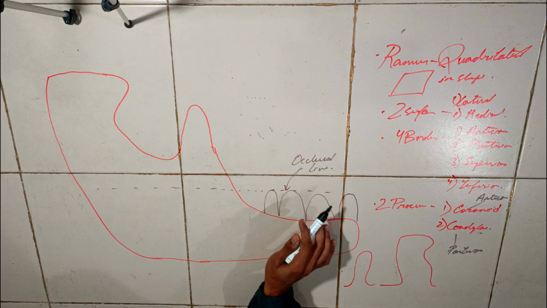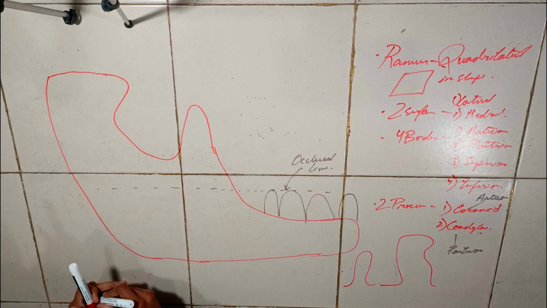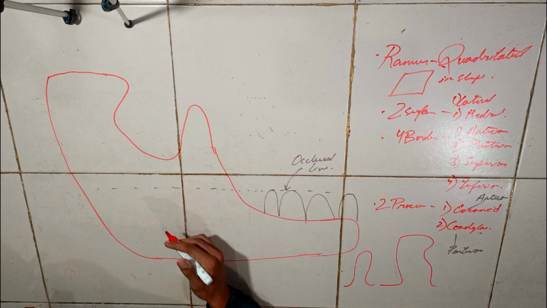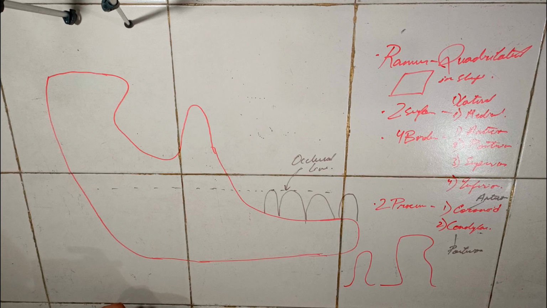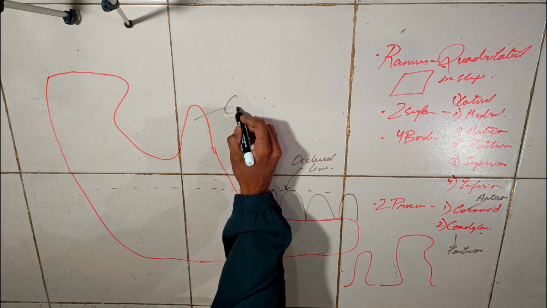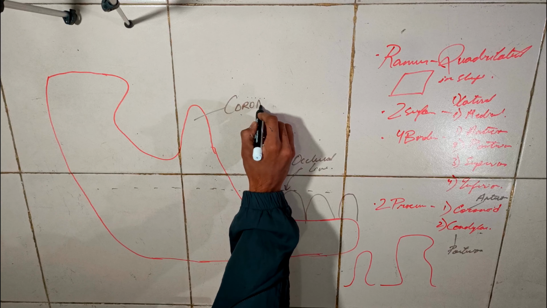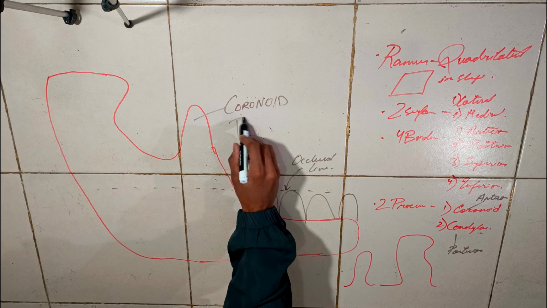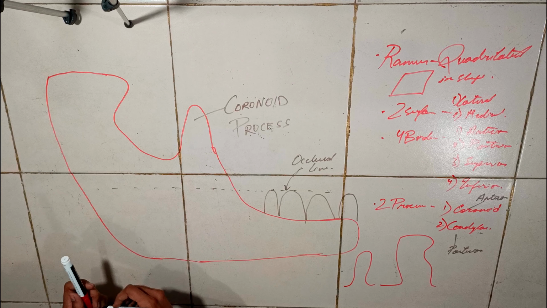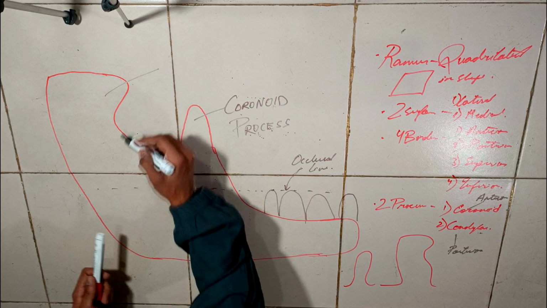And along the occlusal line is present a fovea in the inner side but not on the outer side. Okay. This is called the coronoid process, and this one is the condylar process.